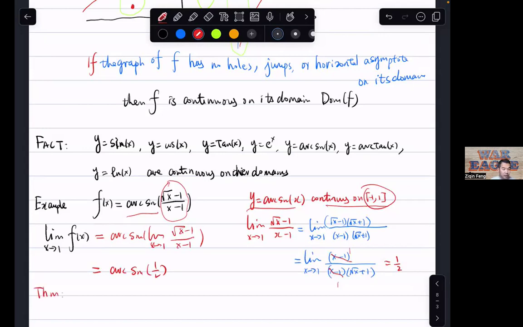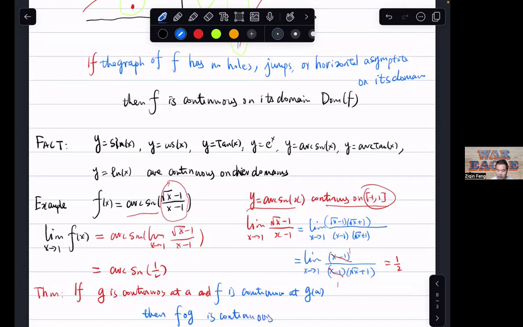So this gives us a way to deal with a combination of two functions. If g, our inner function, is continuous at a, and our outer function f, like arcsine, is continuous at g of a, then f circle g, the combination, is also continuous at a.